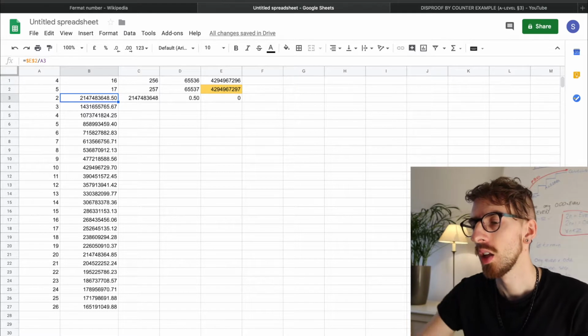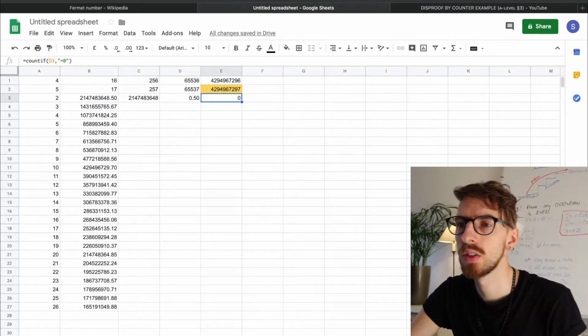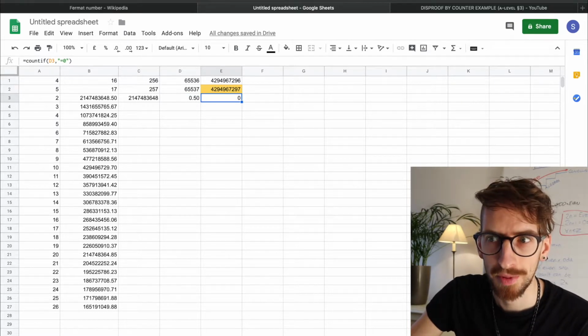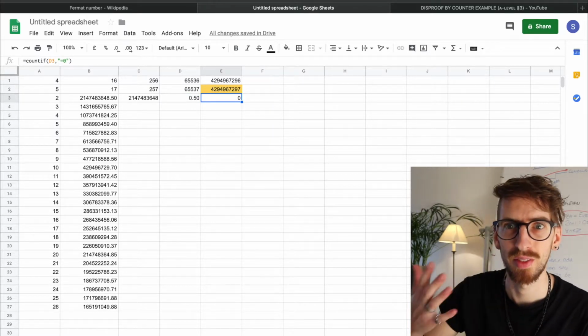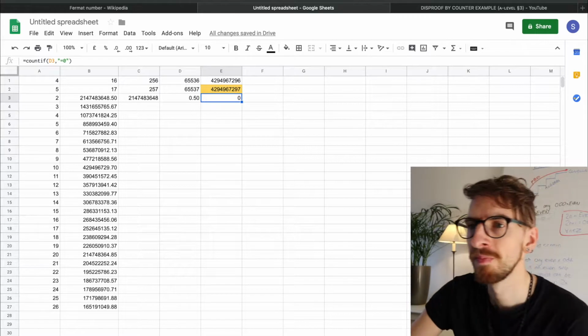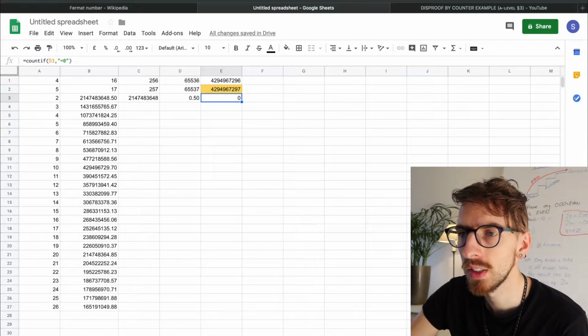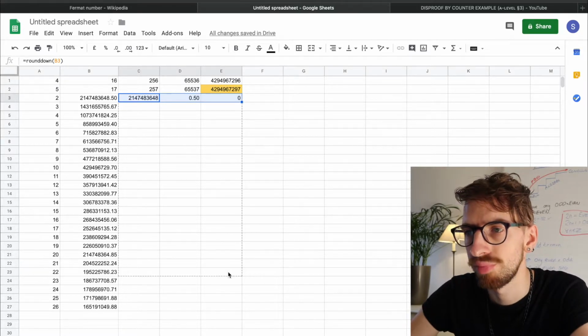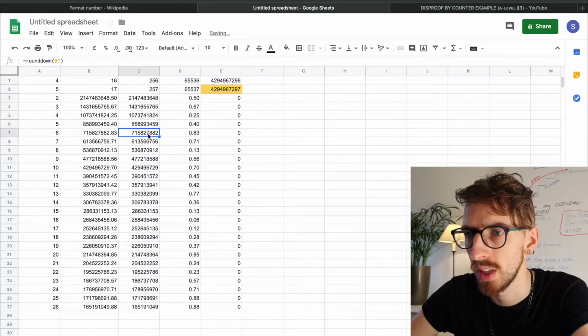So what we're doing over here is making it ping up with a 1 if we've found a factor of it. So if we drag these down now on that little square, it copies the same equation down.